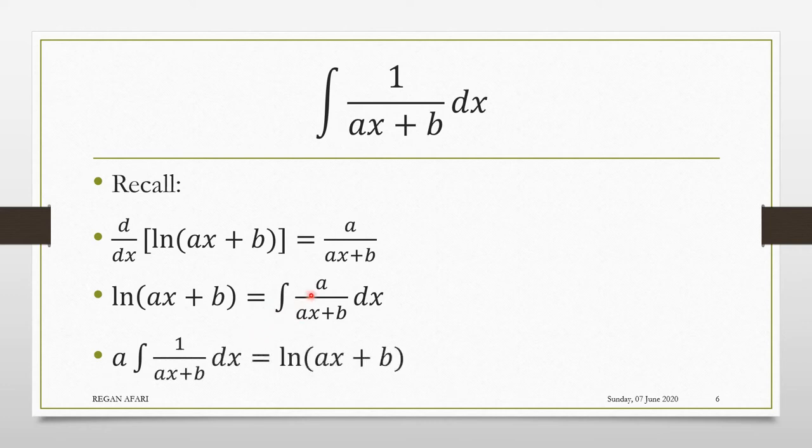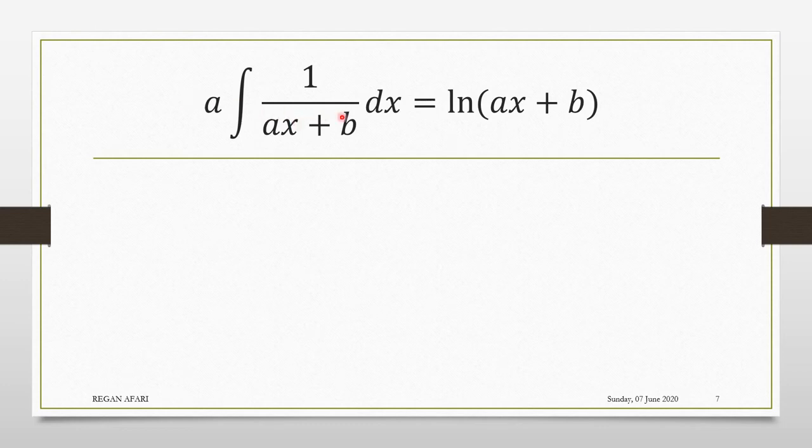When that happens, this becomes 1, so you have 1 over ax plus b, like what we are trying to solve. Good. So the integral of 1 over ax plus b is equal to ln of ax plus b. What I will do is repeat this line in the next slide.